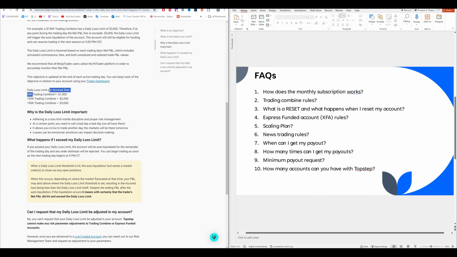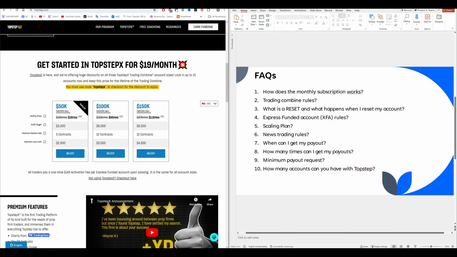The 50k has $1,000 of daily loss limit, the 100k account has $2,000, and the 150k has $3,000. Also, after you pass the combine or challenge, for all account sizes there's a one-time fee, which is the same across any size account you're purchasing, and it's $150 or $149. That is it for that quick introduction.